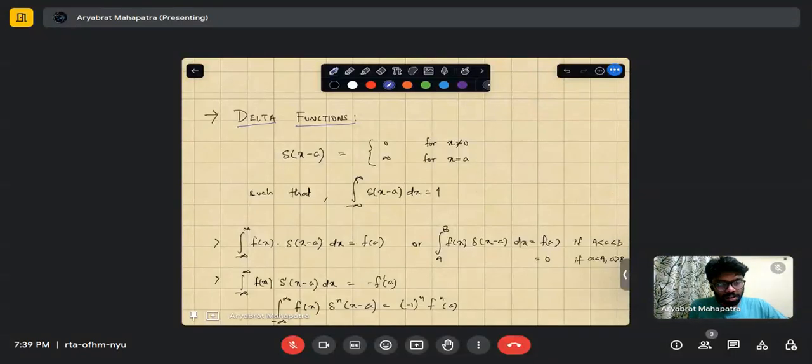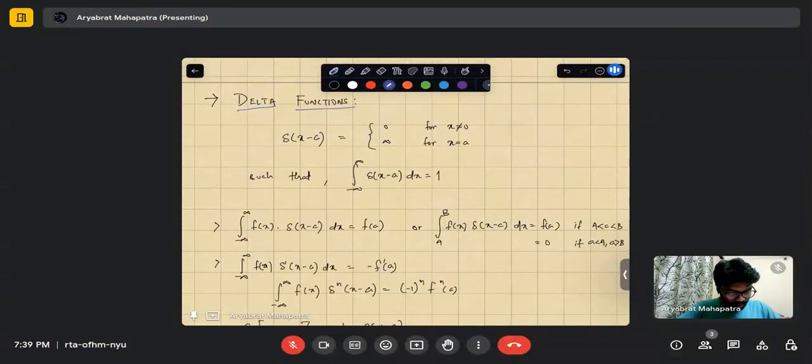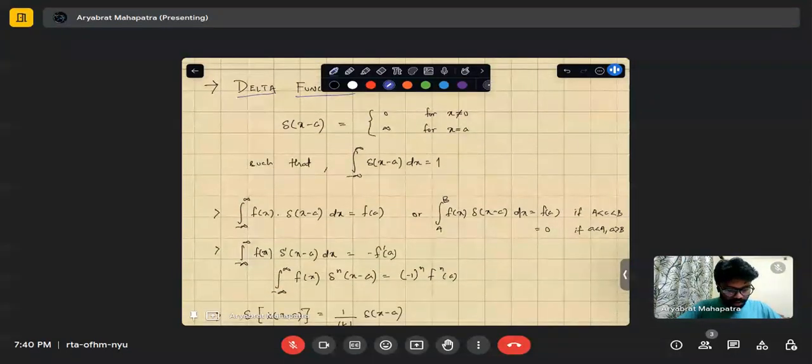You will see how delta functions can be used, and some of the important mathematical features of delta functions I have shown you right here. Using them, you can solve problems involving distributions which you have to express only in terms of delta functions.